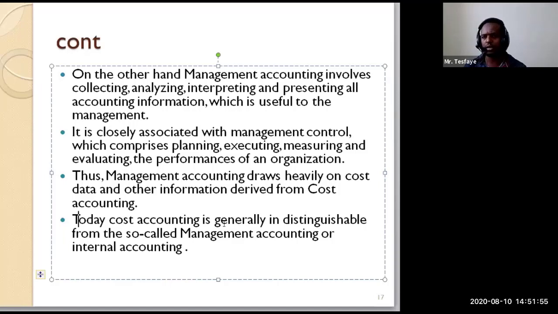I hope when you read this chapter at the end, you will know what we mean by cost, management, and financial accounting. So this was about the first chapter. If you have any questions, it's time for you now.